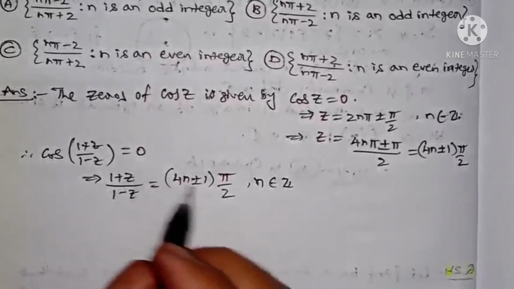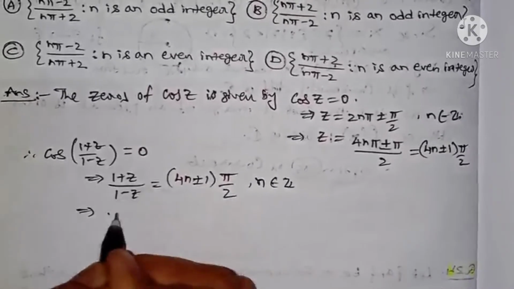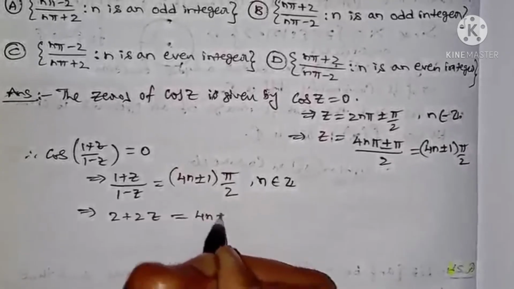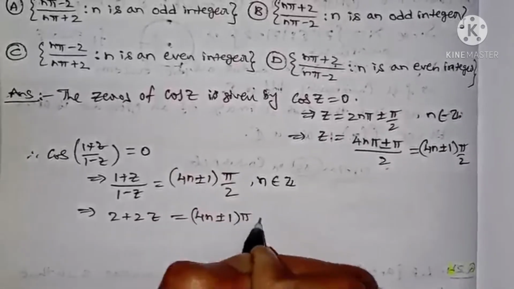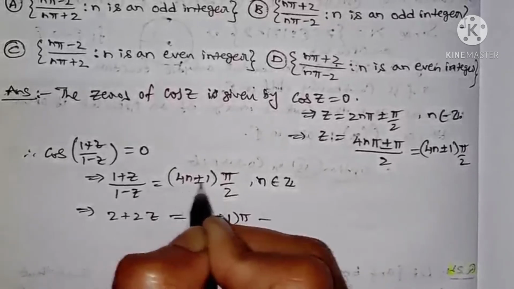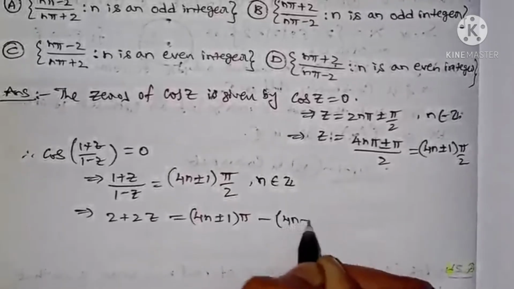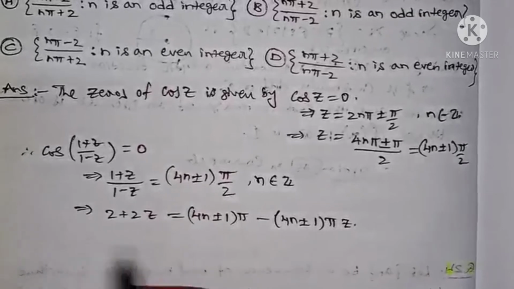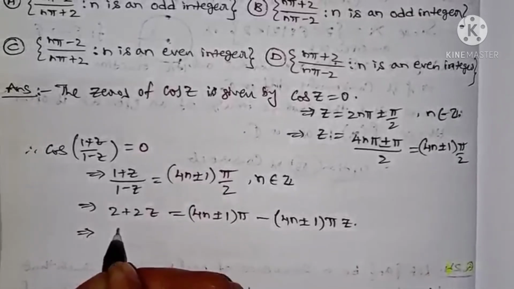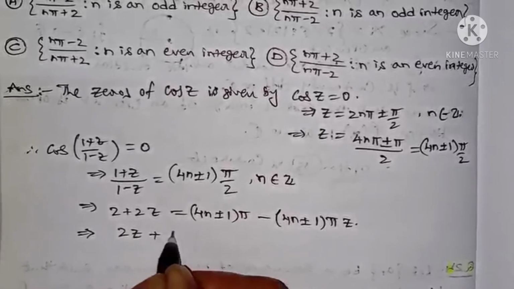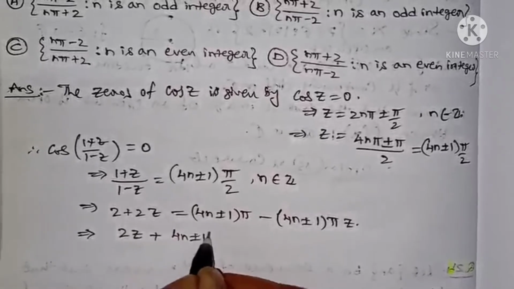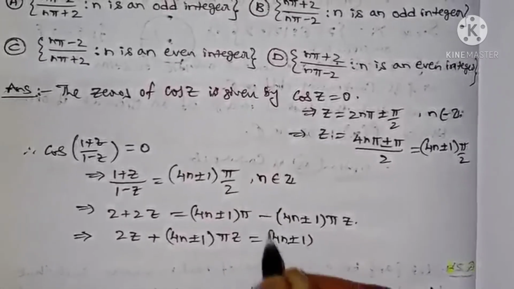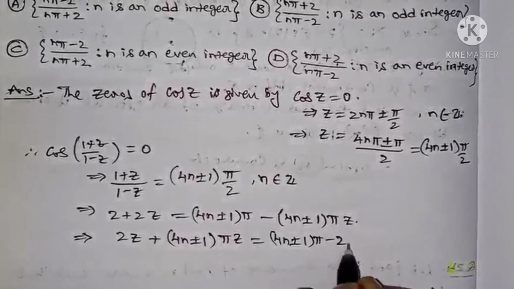On simplification, by cross multiplication we get 2 plus 2z is equal to (4n plus or minus 1) into pi minus z into (4n plus or minus 1) into pi. Taking z terms to one side, we get 2z plus (4n plus or minus 1) pi z is equal to (4n plus or minus 1) pi minus 2.